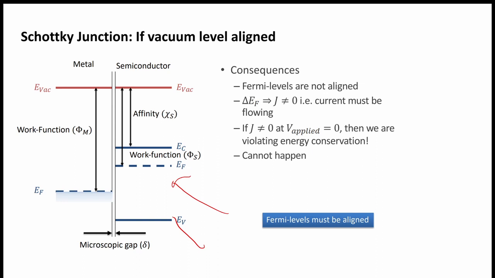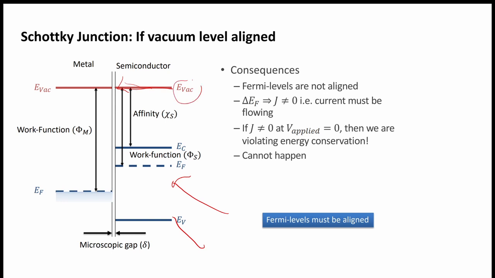Let us consider what possibilities can happen when we join a metal and a semiconductor. Just forget about the Fermi level for now. What are the things that can align?